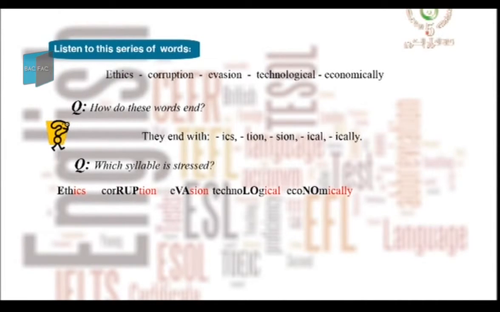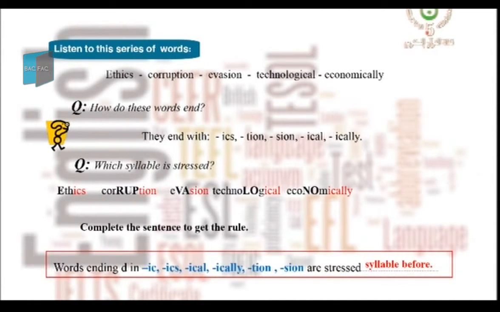And in the last word, it's the one before the last. What conclusion can we draw? Right? Complete the sentence now to get the structure or the rule. Words ending in ic, ion, ical, ically are stressed on the syllable before, which is the one before the last.